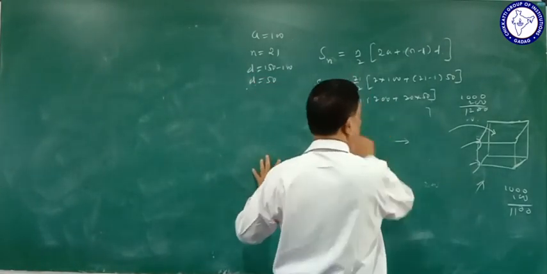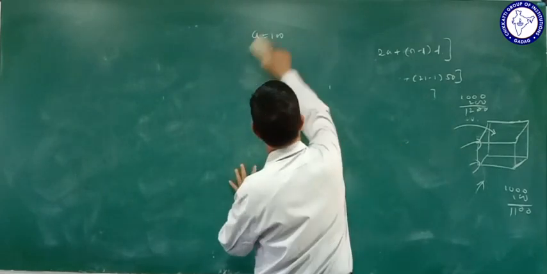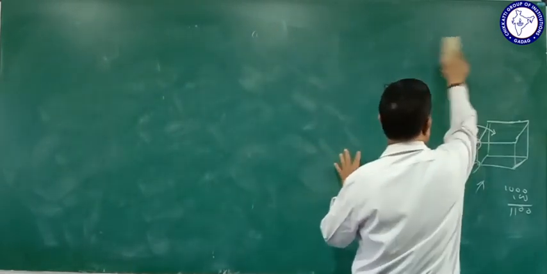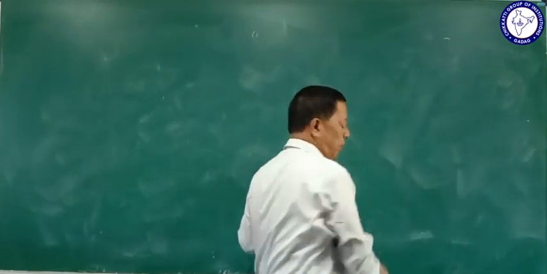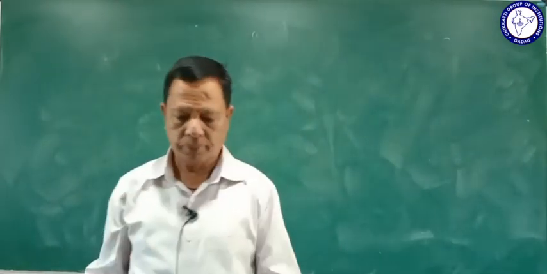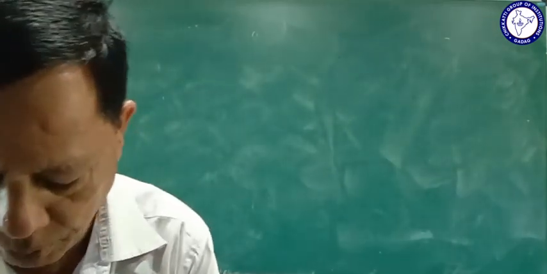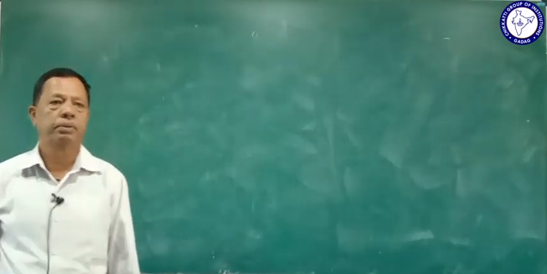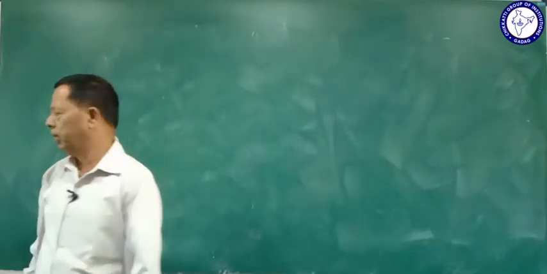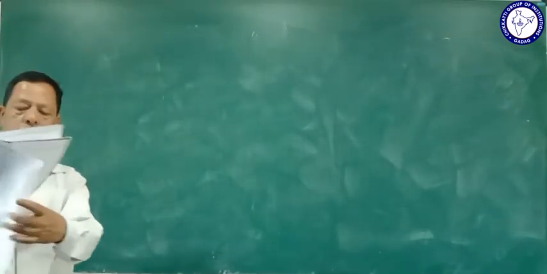Even if you calculate the nth term, it is a lengthy process, that is why you use the direct formula. Now I am going to take various problems on this sum to n problems. So first I am going to write one problem.